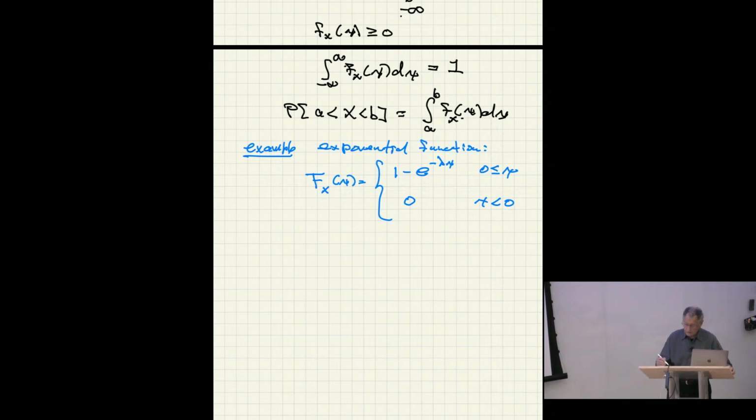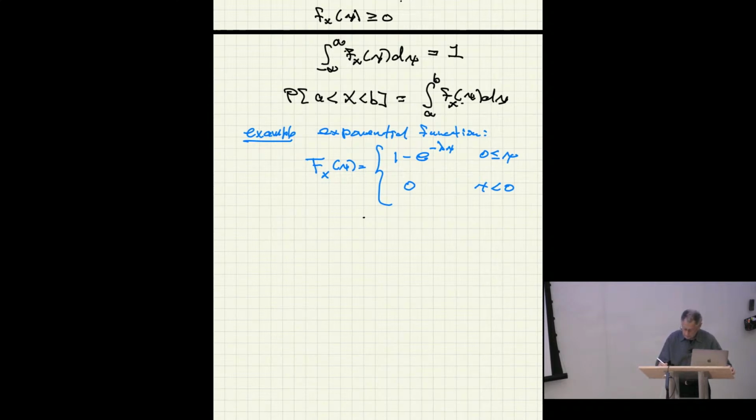And it looks like this. Let me erase that. It looks like this. And this value, of course, goes to 1.